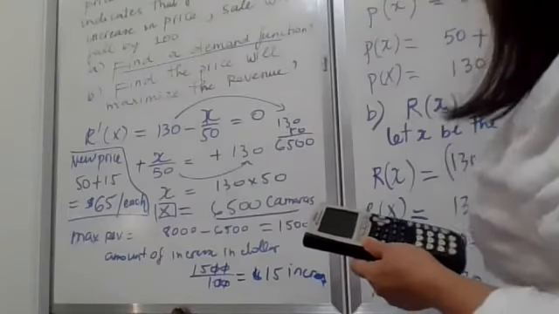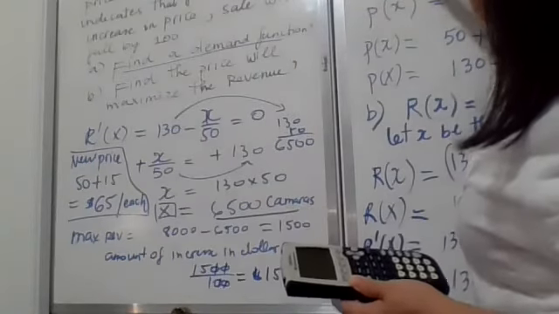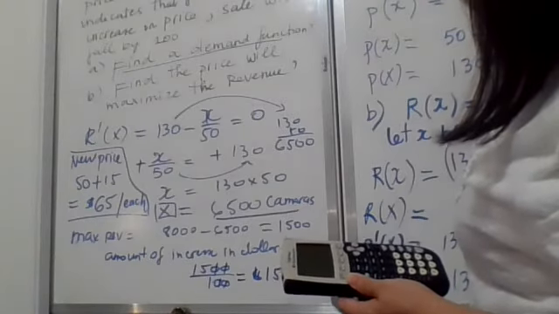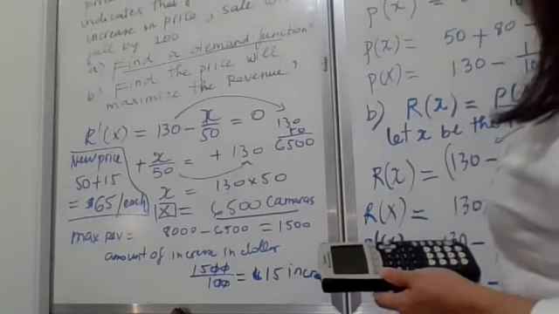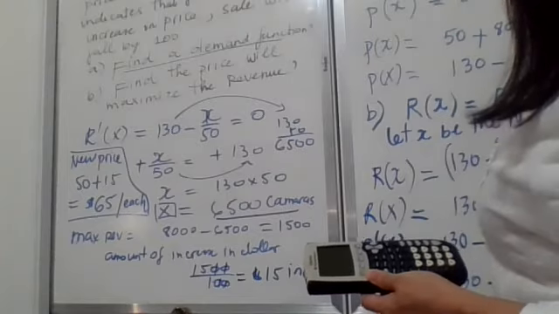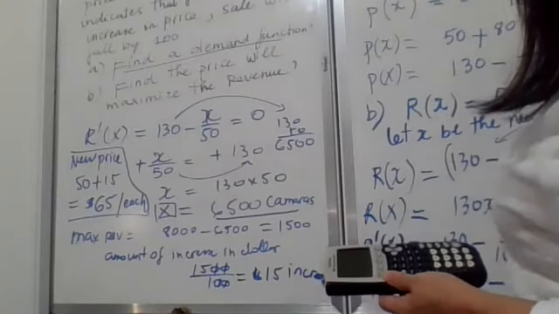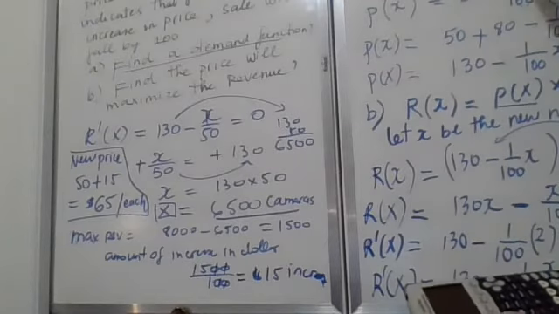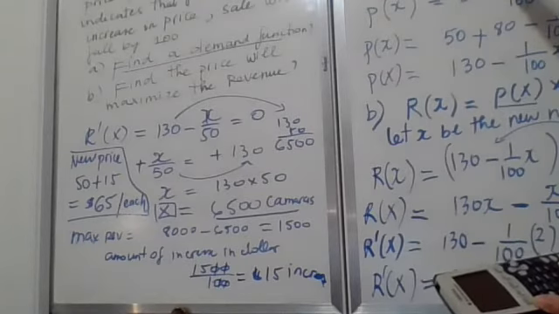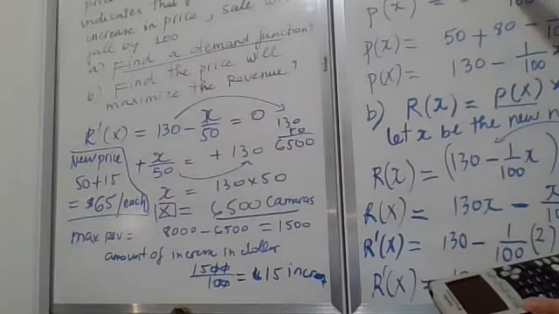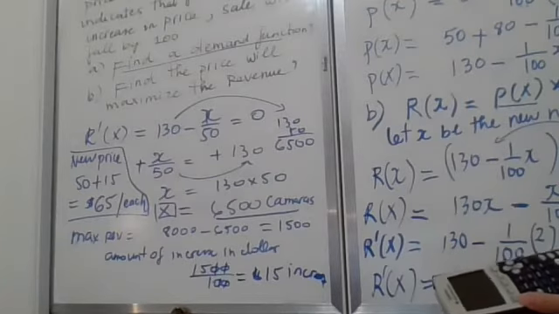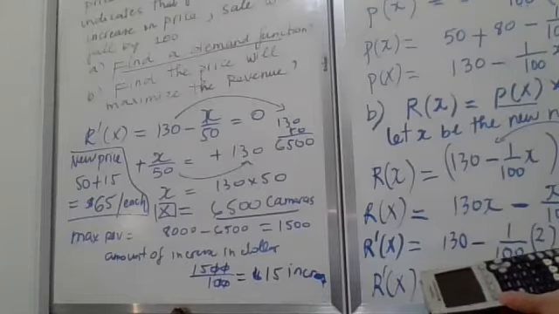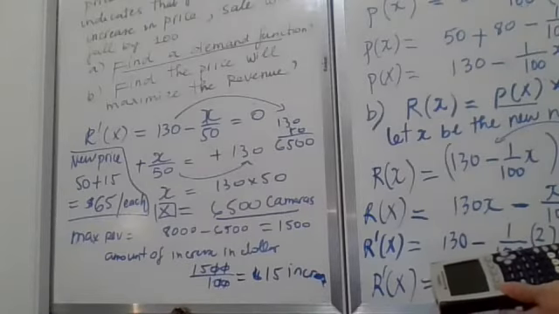Now compare with our old revenue. Our old revenue, we have $50 if we don't increase the price, and we can sell 8,000 cameras. So that will give us 400,000. So obviously, even if we raise the price by $15, to $65 for each, and we sell less, only 6,500 instead of 8,000 cameras, we still earn better revenue.